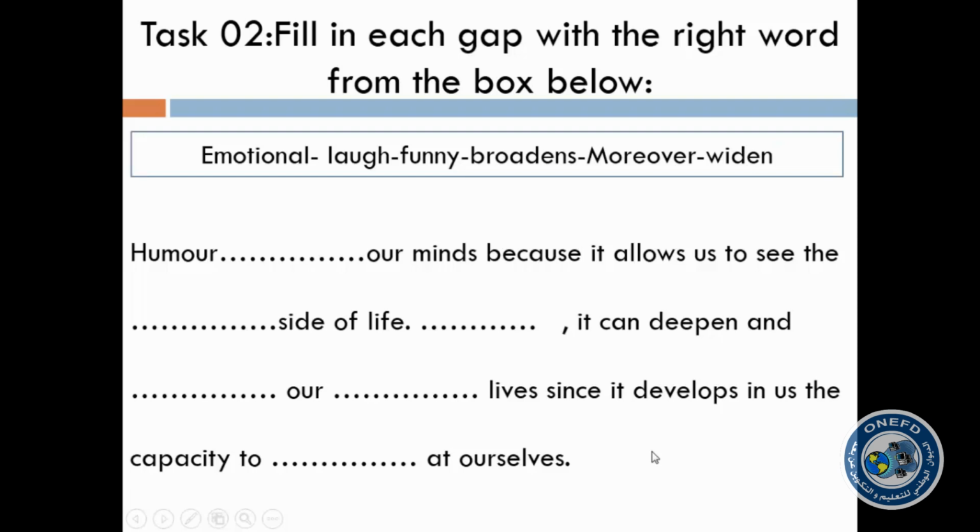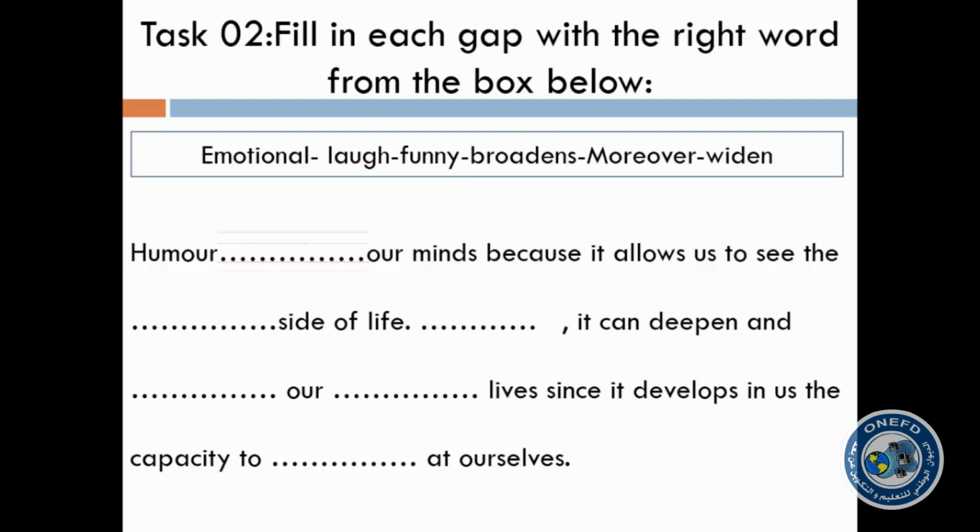So you have a little passage, and you need to fill in the blanks in order to have a meaningful and coherent passage. Feel free to pause the video and answer the task. Let's take a look at the answers by reading the passage. Humor. Humor is a subject, and what comes after the subject? A verb.